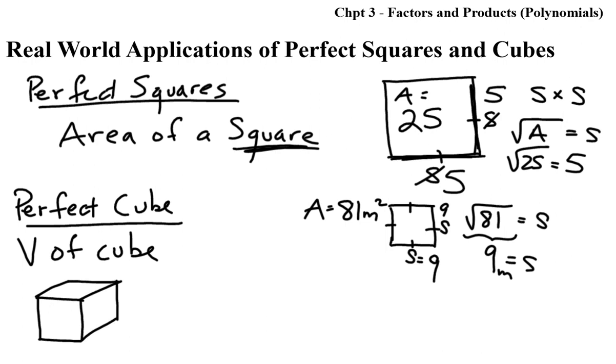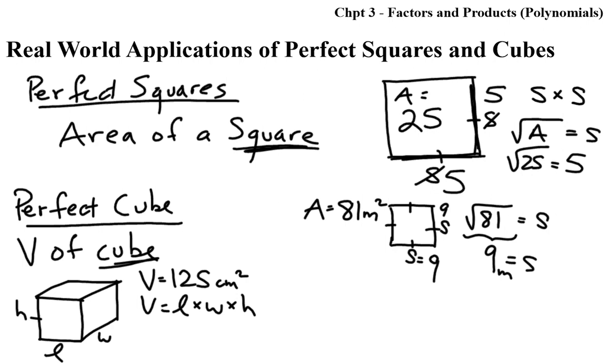If you have a cube, and we know the volume is 125 centimeters squared, well, that means volume is length times width times height. Well, length, width, and height, because it's a cube, these are all the same.